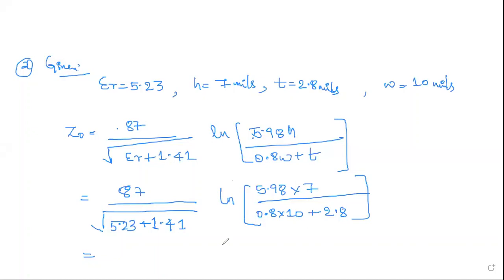Done. How much is it? Solve this part first. 5.98 into 7, then divide by 0.8. 45.74.